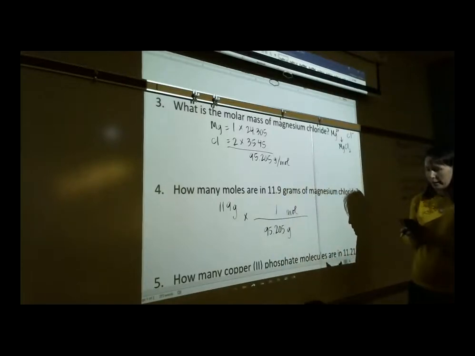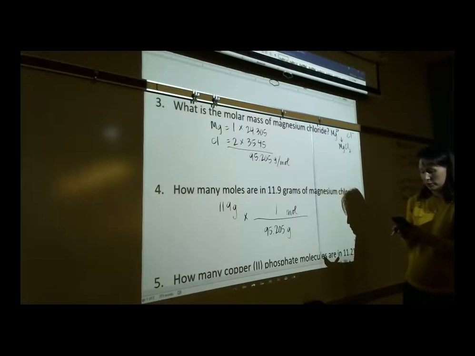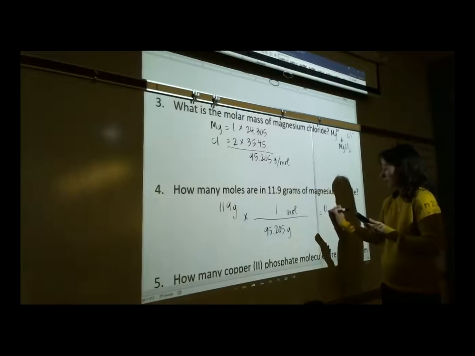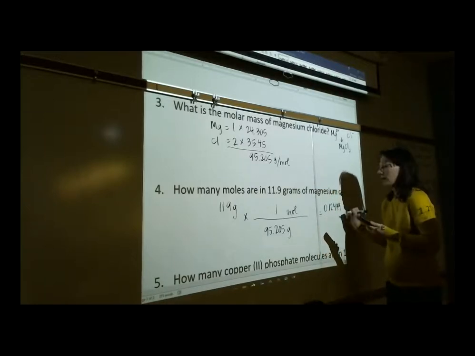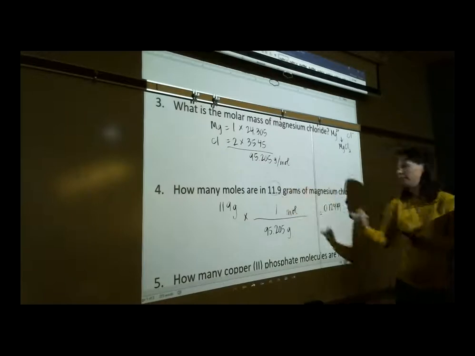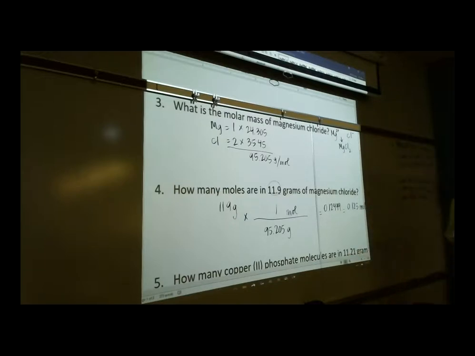So 11.9 divided by 95.205 gives me 0.12499, my calculator spits out. I obviously can't keep all those sig figs, right? I can only keep 3. So that would be 0.125, and my unit would be moles. Do we agree here?